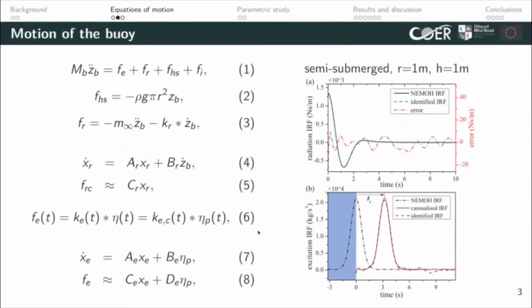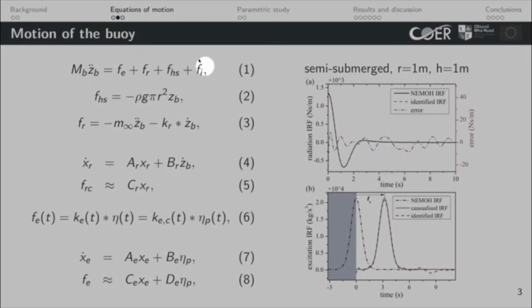Before we get into the parametric study, here I will briefly introduce the modeling of the system. The motion of the buoy is governed by this equation. This is the excitation force due to the incident waves, which can be approximated by a state space model with wave prediction.